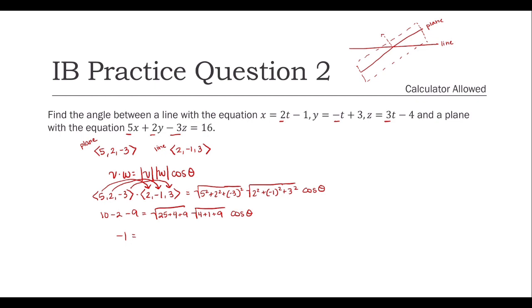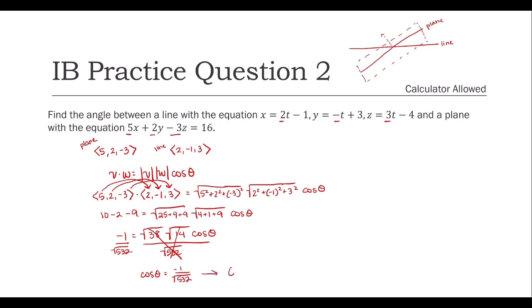So -1 equals the square root of 25 plus 4 plus 9, so 38, times the square root of 4 plus 1 plus 9, so 14, times our cosine of theta. 38 times 14 is 532, so we'll divide by the square root of 532. So we get our cosine of theta equals -1 over the square root of 532.